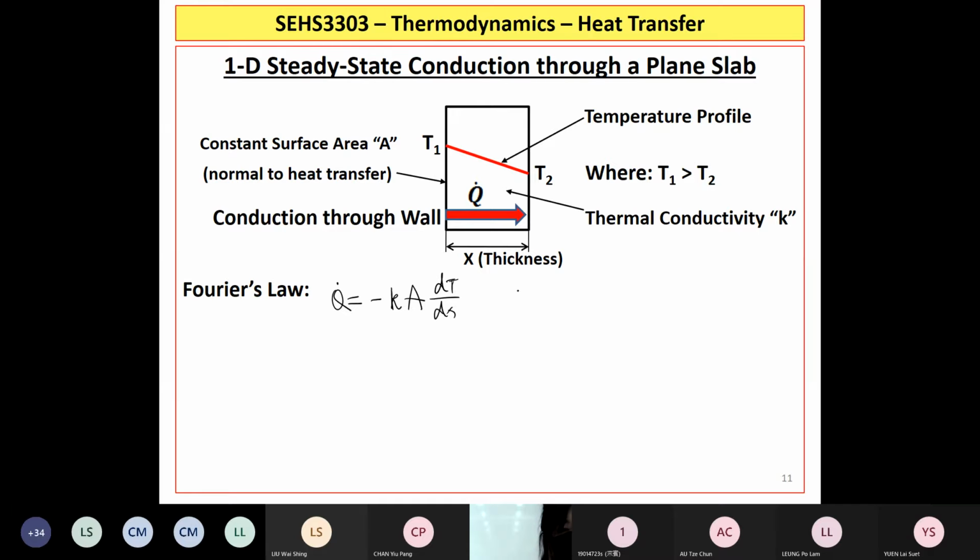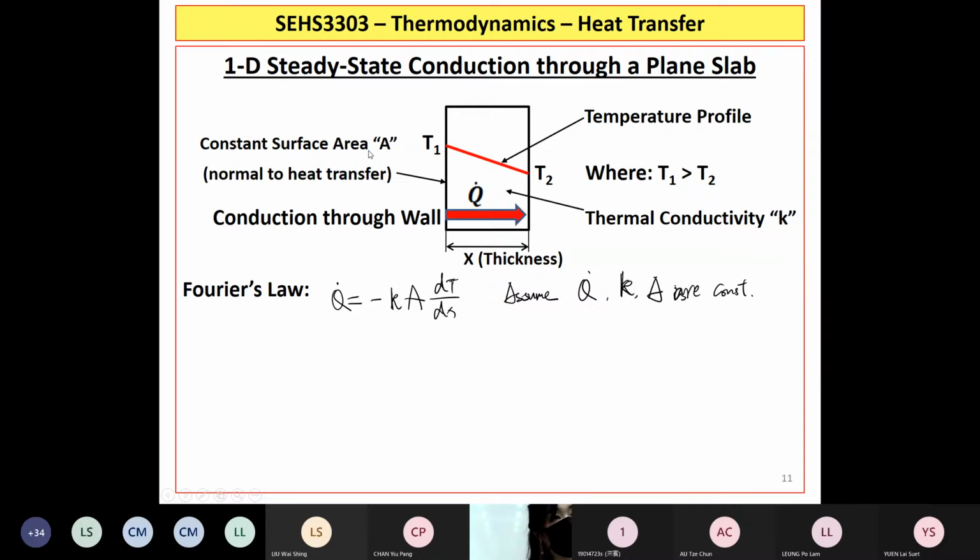Here we assume the heat transfer rate, the thermal conductivity, and the area are constant. Q is constant because we assume steady state. K, the thermal conductivity, is constant.